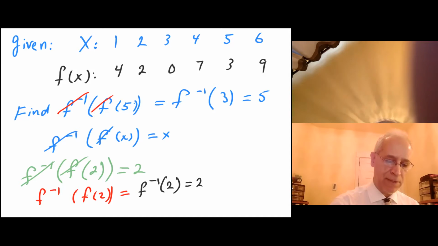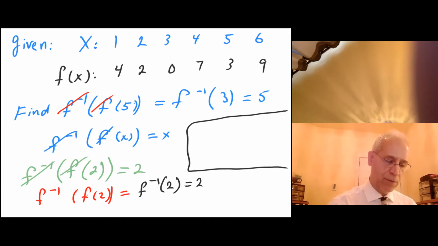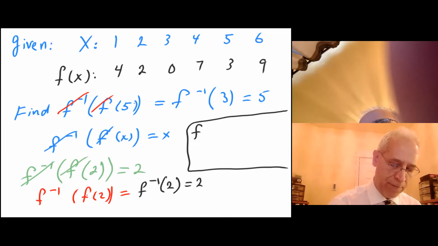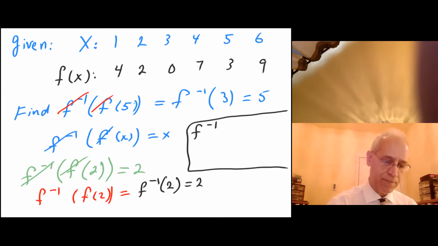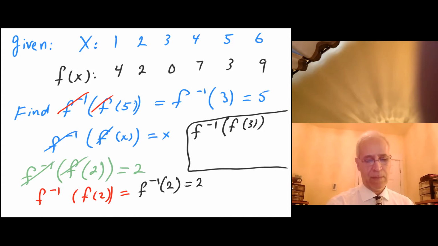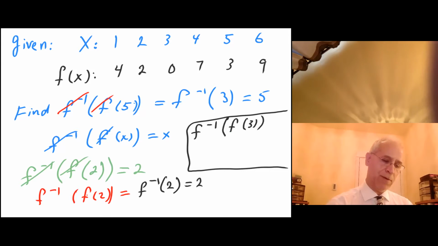Let's do one last one: suppose we were asked to find f inverse of f of 3. Here you could look at your table and tell yourself this is the same as f inverse of 0.